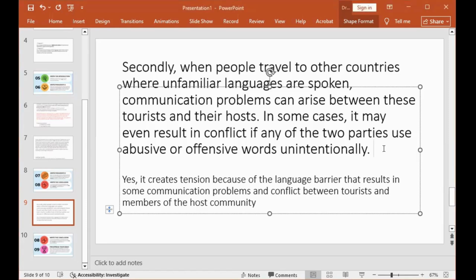Okay, let's even explain further. So this is what I want to do now: I want to explain further how communication problems can result. So it's going to be a combination of example and explanation.